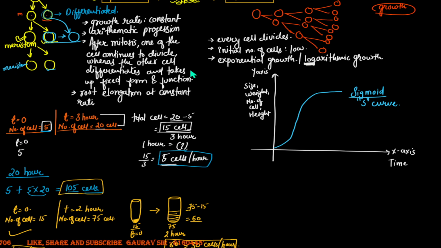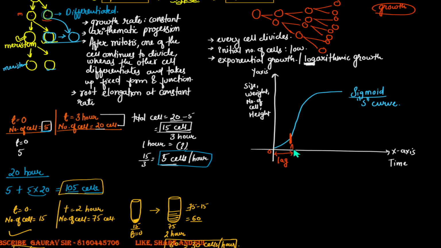Now here you will be able to find three different phases. Starting from this point O, let's call it the origin, from origin to this point, we have a phase called the lag phase.